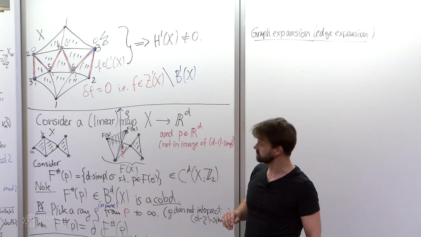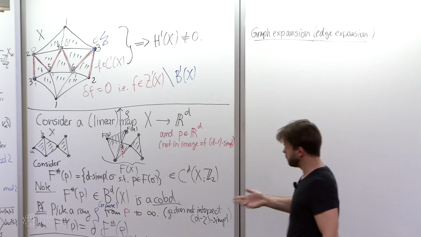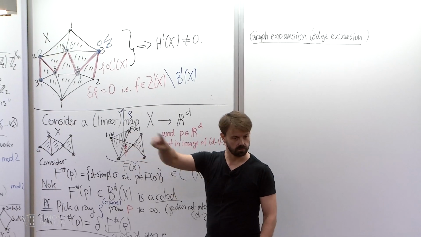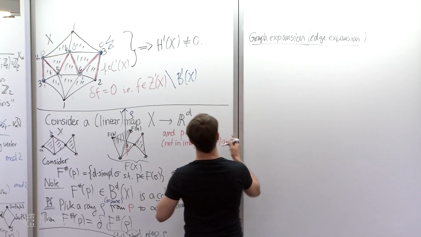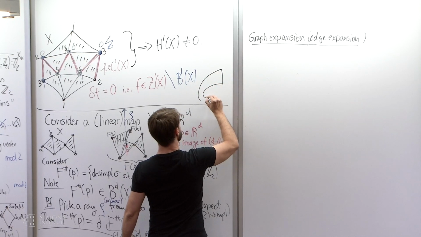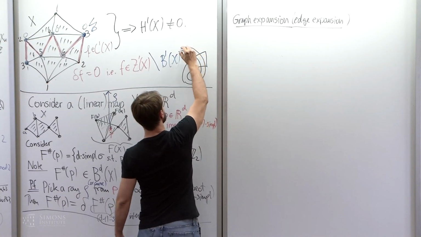So for instance, instead of Z2, you can work with integer coefficients. And then what could happen if you allow more complicated maps is that, for instance, a triangle gets wrapped around. Imagine that you take a triangle and you do something like this.